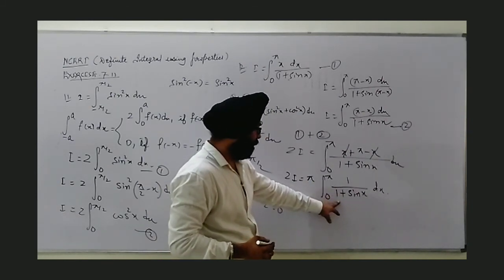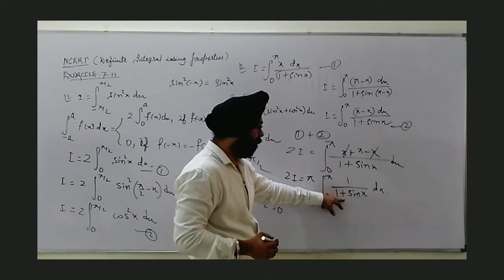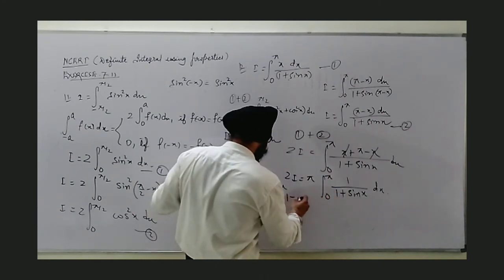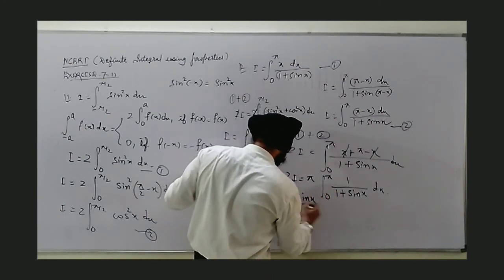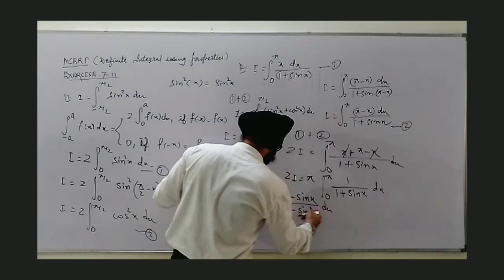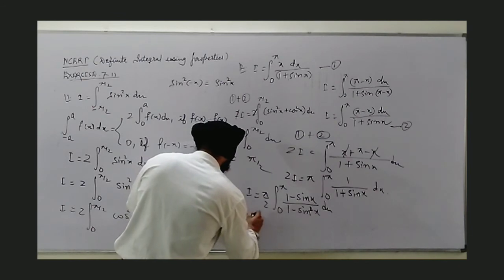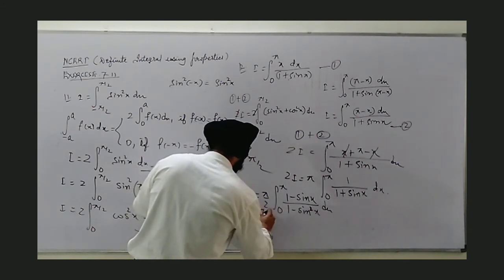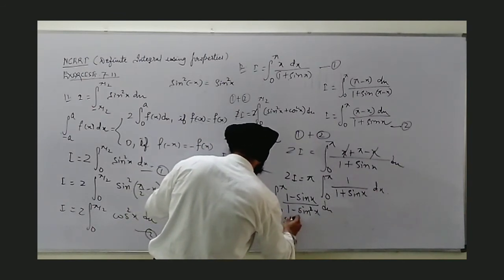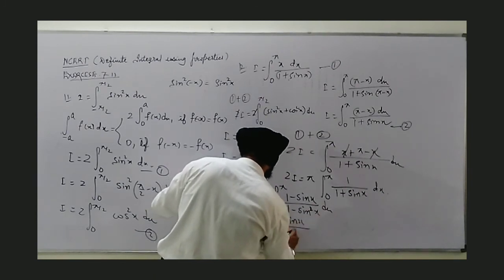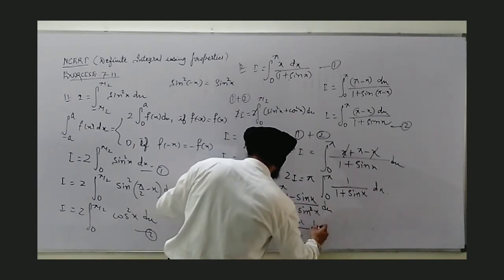We will apply the direct method: multiply numerator and denominator by 1 minus sin x. So we get 1 minus sin x, and here we get 1 minus sin square x, which further becomes cos square x. So we have pi by 2 times 0 to pi of 1 minus sin x upon cos square x dx.